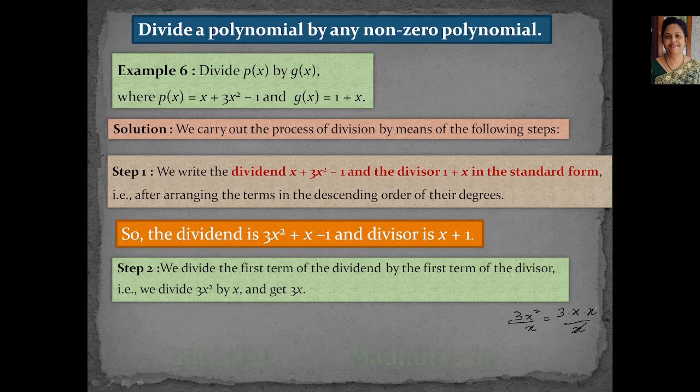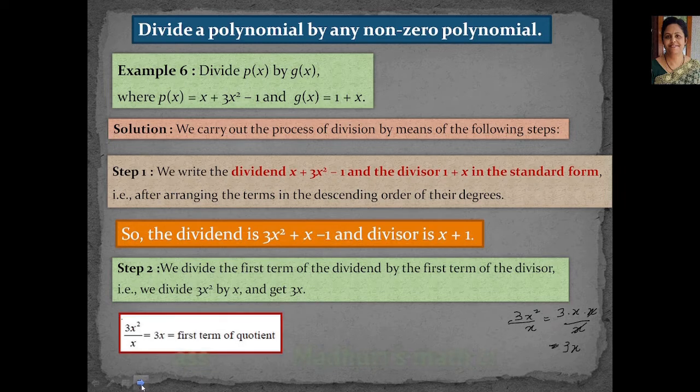So we will cancel one x. What is remaining? 3x. So 3x squared divided by x gives 3x. That is the first term of the quotient.